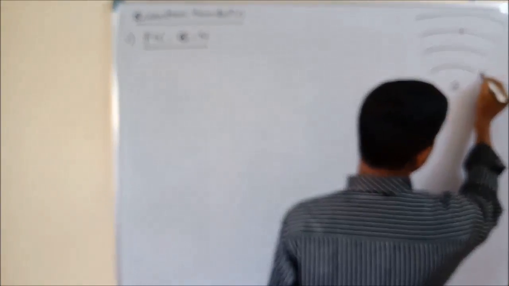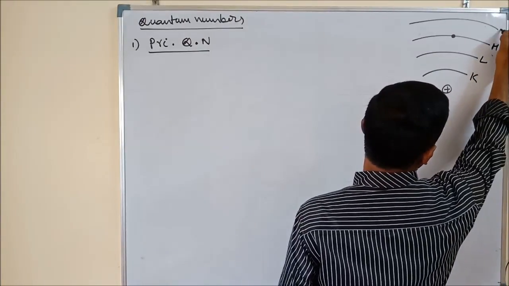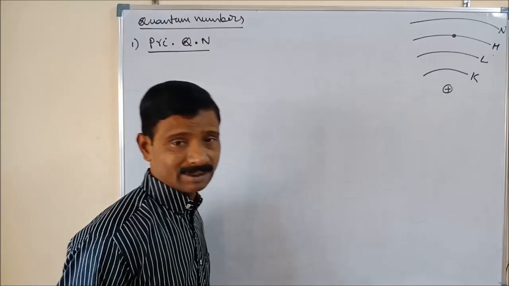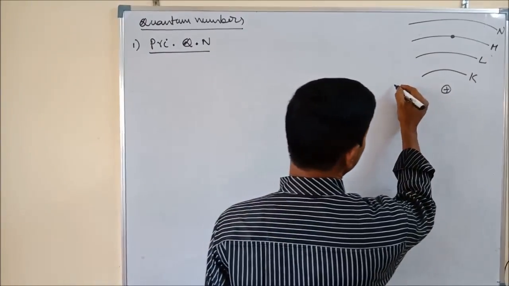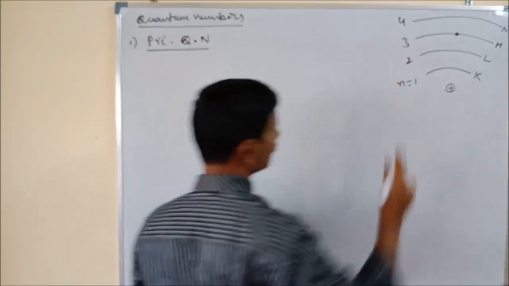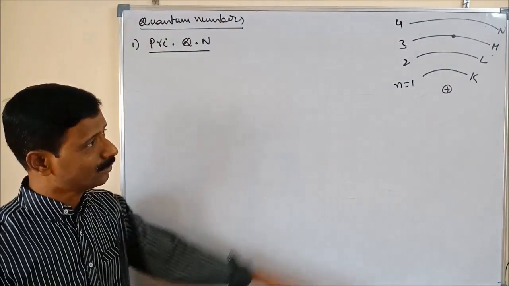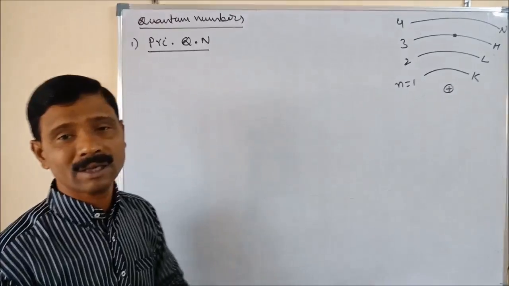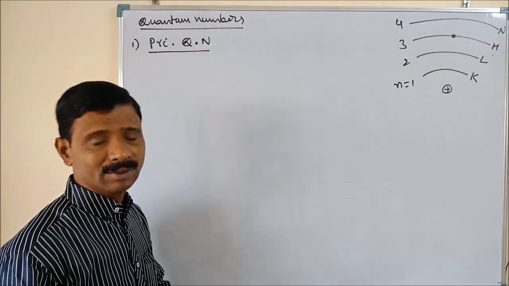Here we have the shells K, L, M, N, and for them the corresponding n values are 1, 2, 3, 4. So this n is what we call the principal quantum number.